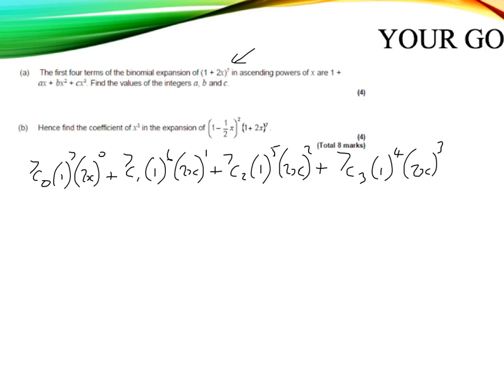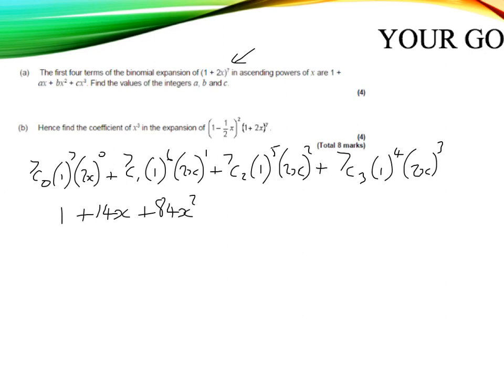This first part is just going to give me 1. Next part is I've got 7 multiplied by 2x, which is 14x. Next part, 7c2 is 21, multiplied by 1, it's still 21, multiplied by 2x all squared, so that's 4x squared. 21 times 4 is 84. So plus 84x squared.